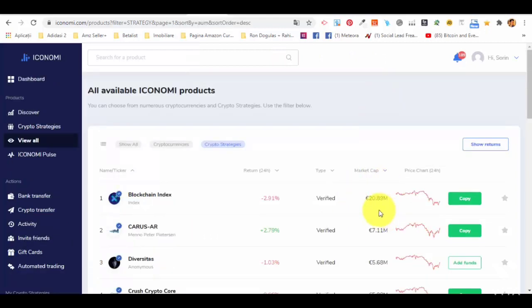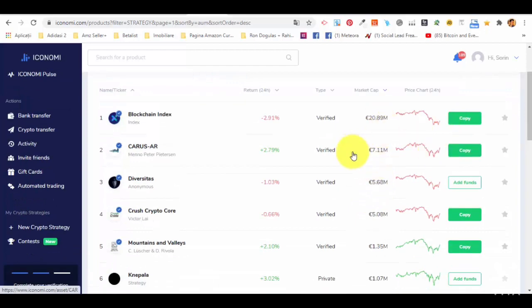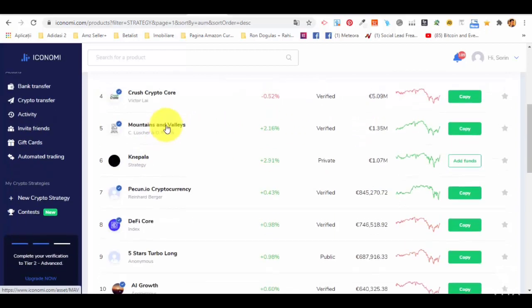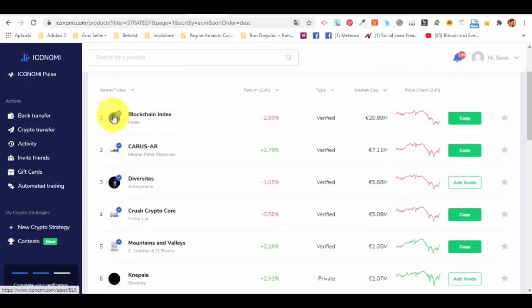Okay, if the market cap is high, in our opinion, we have a big chance that the strategy is better for the long term. Okay, so again, another thing that we are looking for is the small check mark to see if it's verified.